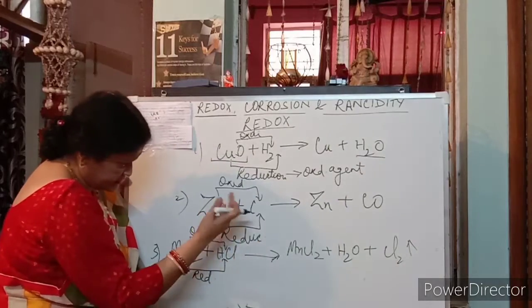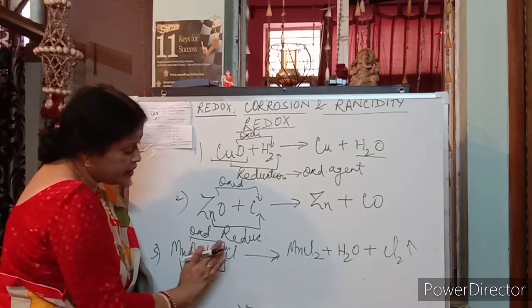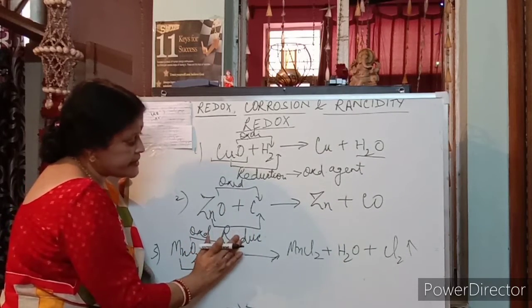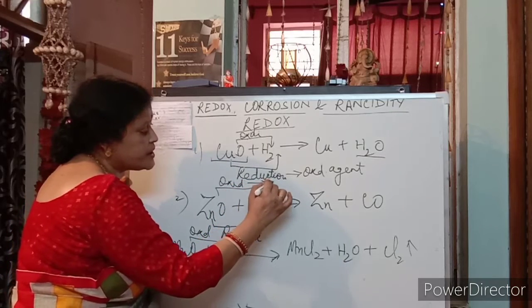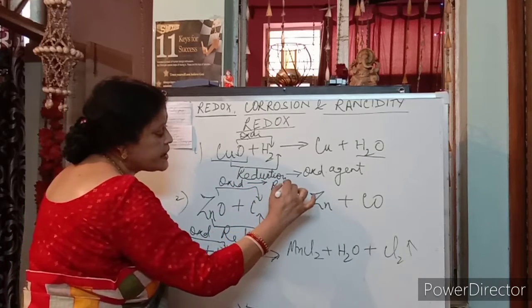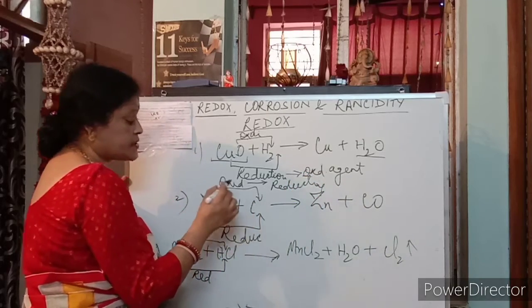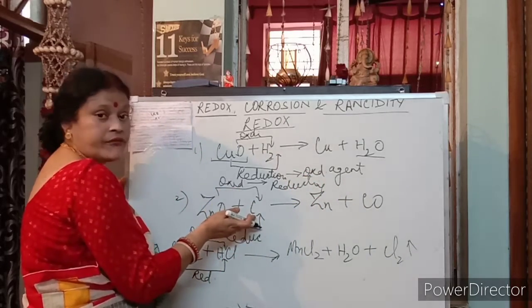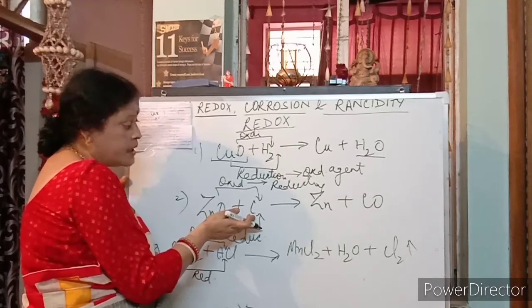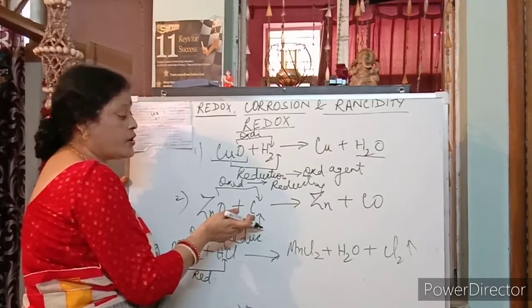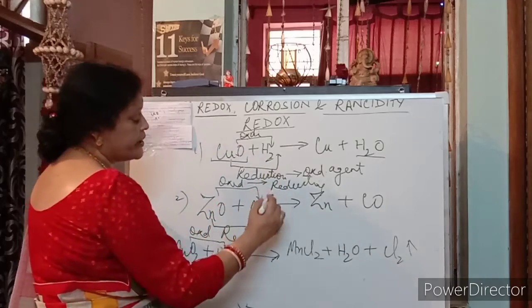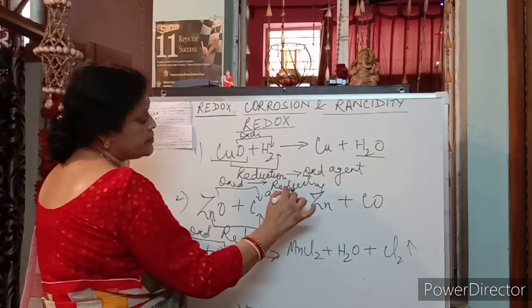Here, hydrogen. Now if the substance undergoing reduction is the oxidizing agent, then the one undergoing oxidation is the reducing agent. What is oxidation? It is gaining of oxygen. Clear? So when gaining is going on, it becomes a reducing agent.